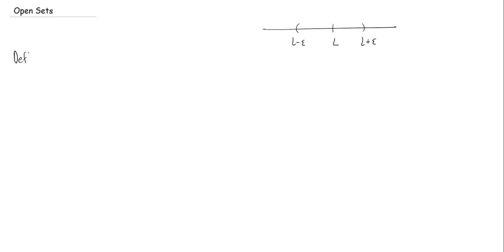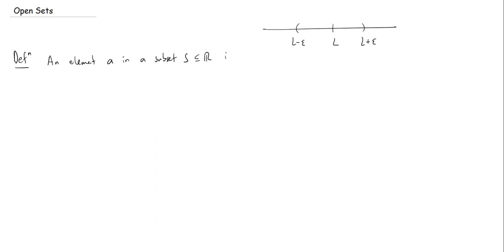So we're going to start here with a definition of what's called an interior point. So if we have an element, let's call it a, in a subset S. All right, and of course we're working here in the real numbers, but this definition actually generalizes quite a bit.